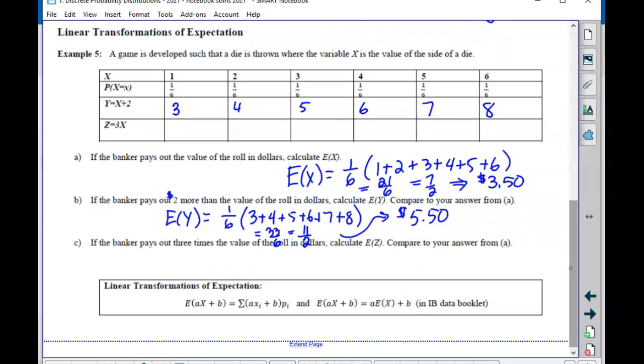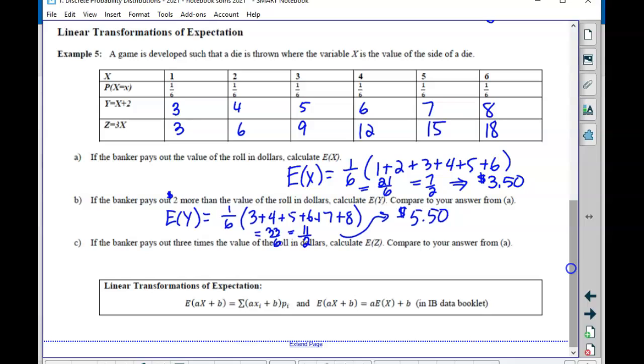Then the next one, if the banker pays out 3 times the value of the roll in dollars, so now here, 1 times 3 is 3, 2 times 3 is 6, 3 times 3 is 9, 12, 15, 18.